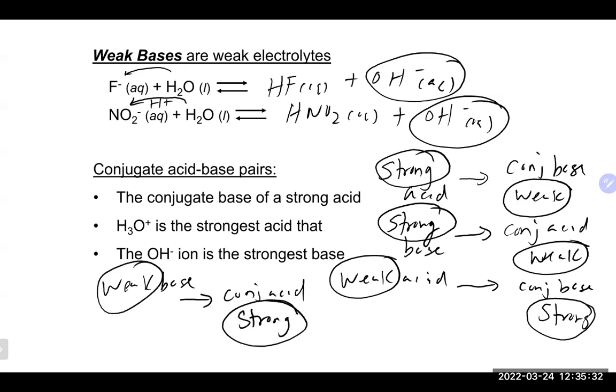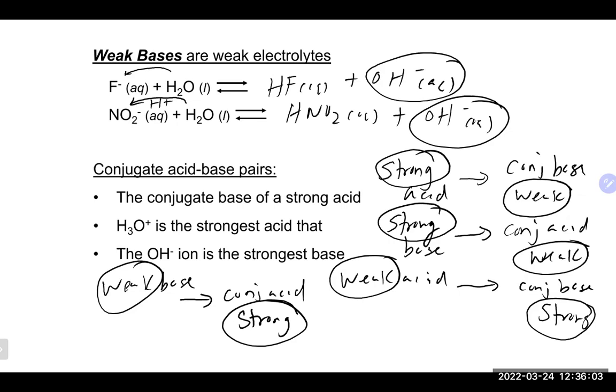So what do we mean by a relatively strong conjugate acid or conjugate base versus one that's considered a weak acid and base? We're going to talk about a bunch of reactions which are referred to as hydrolysis reactions, which is a fancy way of saying water's involved. So basically, when you have a weak conjugate base or a weak conjugate acid, because most of these are aqueous solutions, there's lots of water in there.